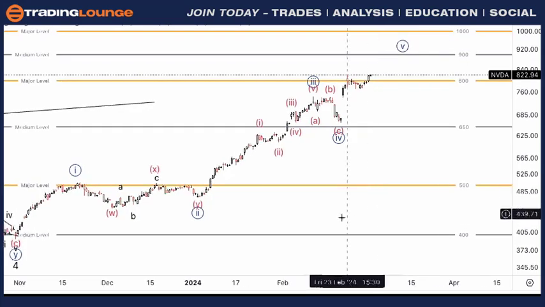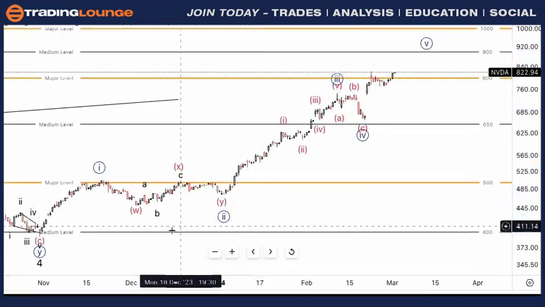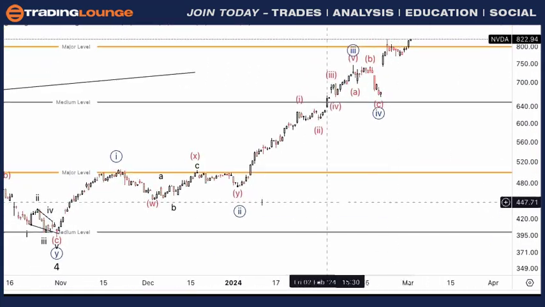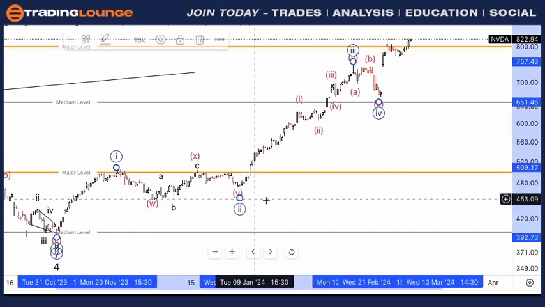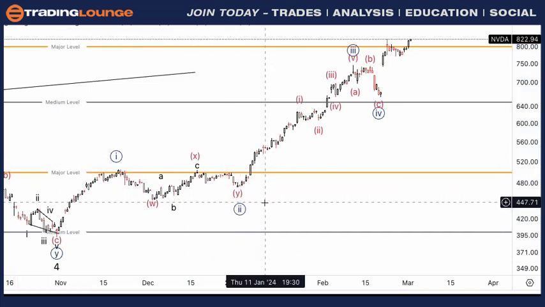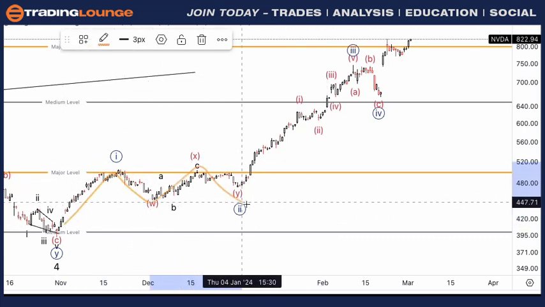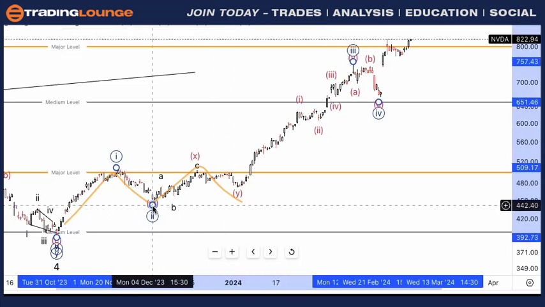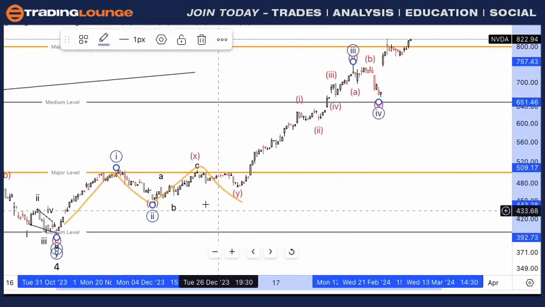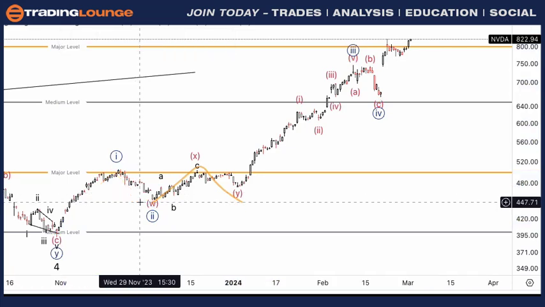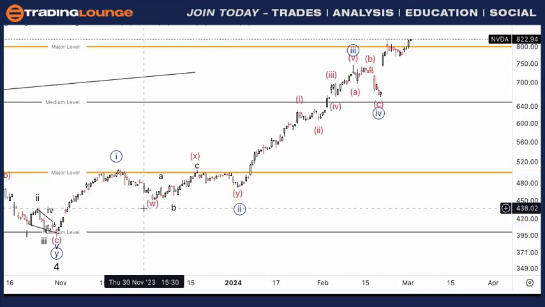So here with the pattern trading levels, I have this one as a 1-2 complex correction. I believe, if I'm not mistaken, that Pete has it as a 1-2-1-2. So he has wave 2 in here and then a 1-2.